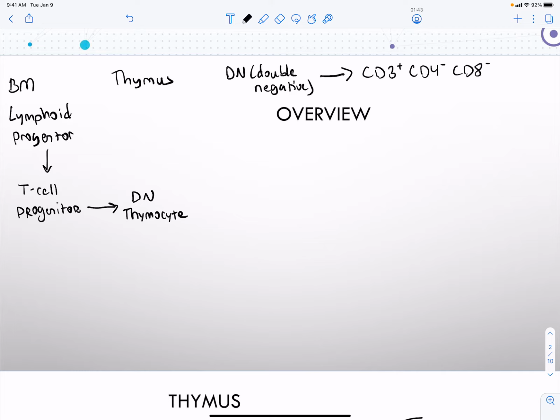So we have a double negative thymocyte, and our double negative thymocyte is going to rearrange its T cell receptor, and it's going to develop either into a gamma delta T cell or it's going to develop into a double positive thymocyte.